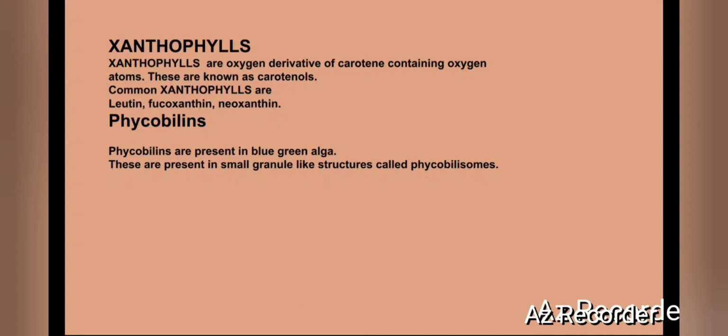These are known as carotenoids. Most common xanthophylls are lutein, fucoxanthin, neoxanthin. Xanthophylls, oxygen derivatives of carotenes, are called carotenols.